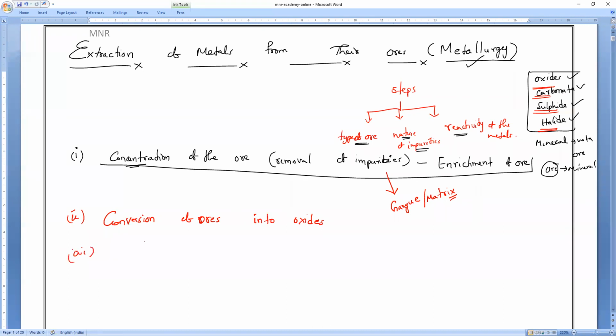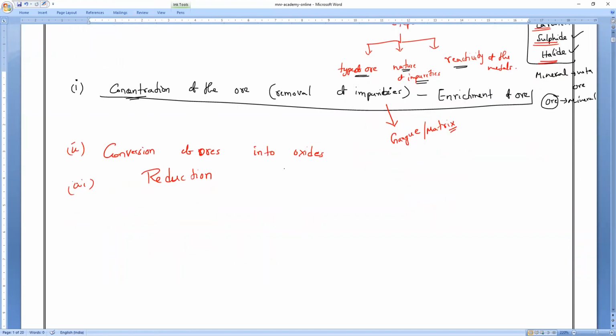Next, the third one is the reduction process. We all know that reduction means either addition of hydrogen or removal of oxygen. And then the fourth process is refining. Refining is ultimately the last step of metal extraction, so that we obtain the pure metals.